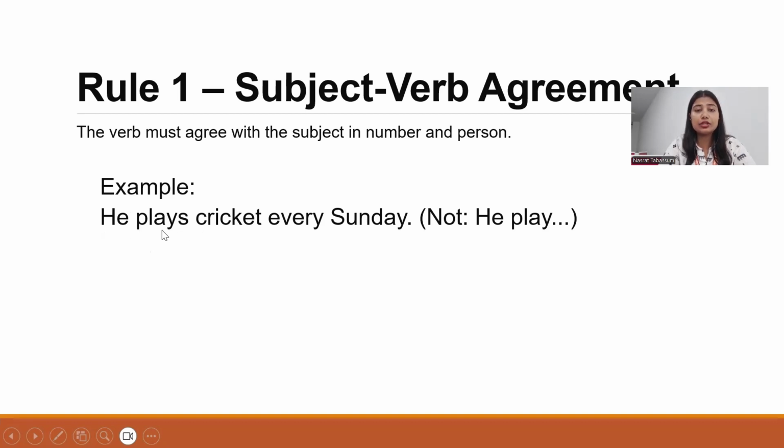At the same time, we need to understand the tense also. Here, we are talking about every Sunday, which means a universal thing. A universal tense always carries a singular verb. So that's how you need to identify first that the subject of your sentence is in agreement with the verb of your sentence.